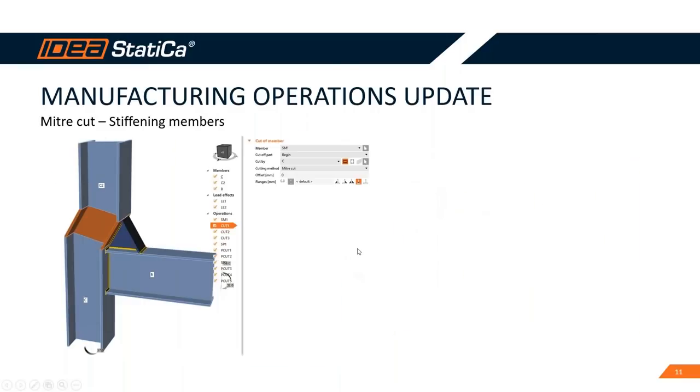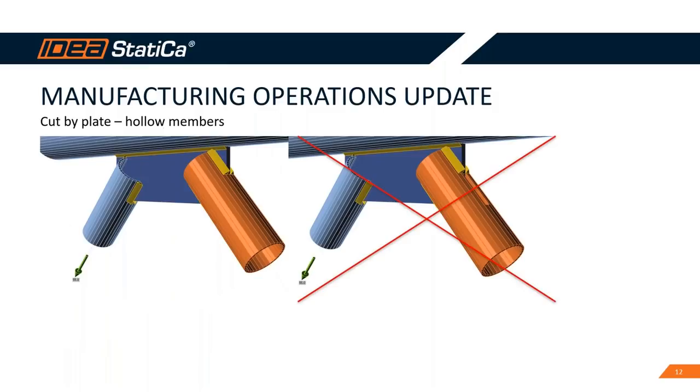Next one. There is an update in the MitraCut operation for stiffening members. Stiffening members can now be easily connected to the members on both sides by this MitraCut operation. Again, an improvement in the cut operation for the hollow members.